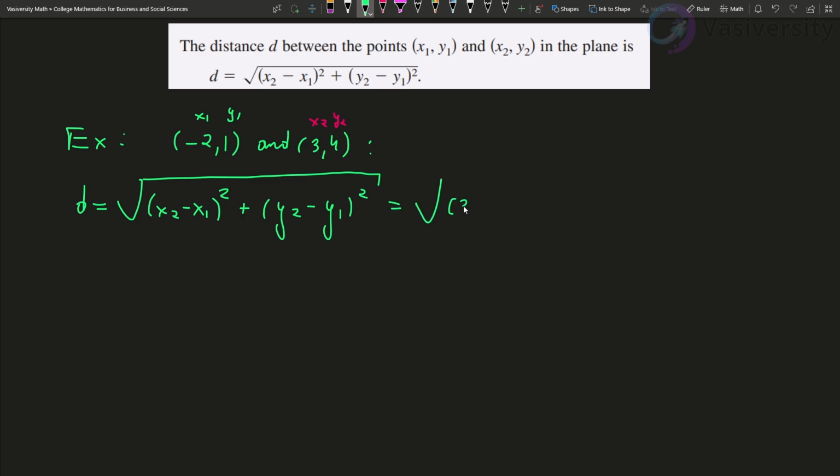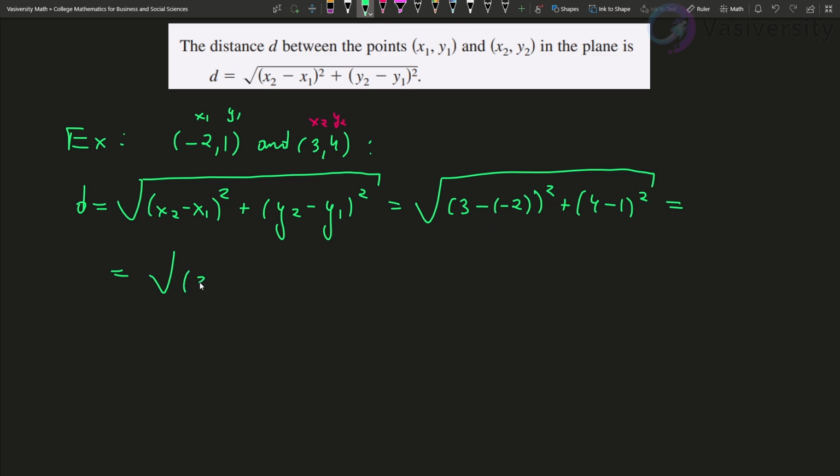So we have 3 minus -2 squared plus 4 minus 1 squared, and then we're taking a square root. Let's simplify. Negative and negative gives us positive.